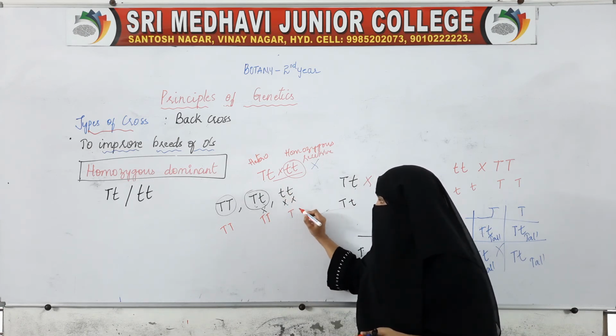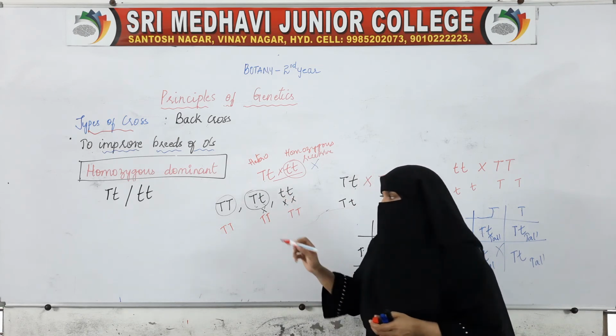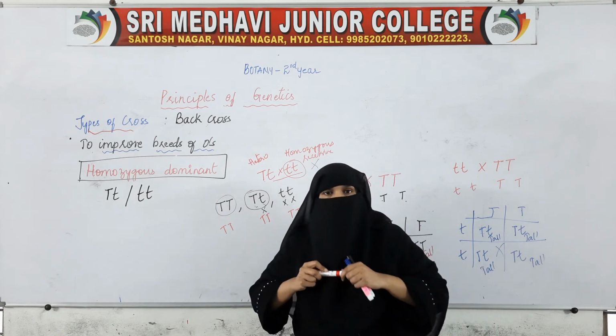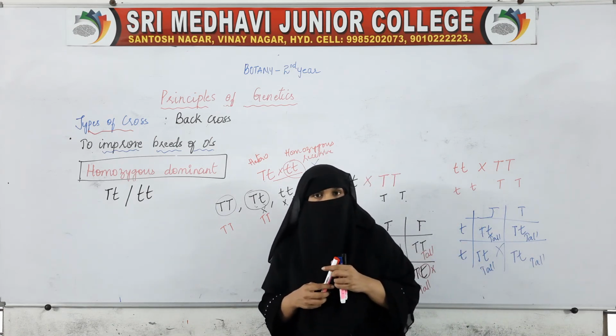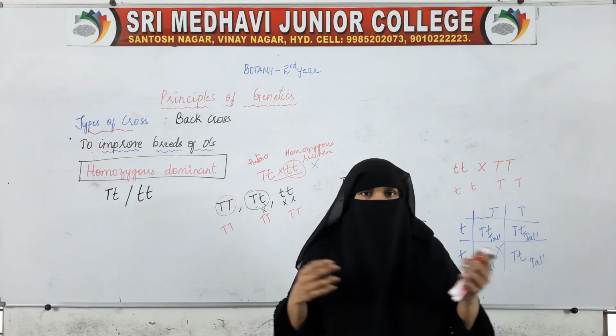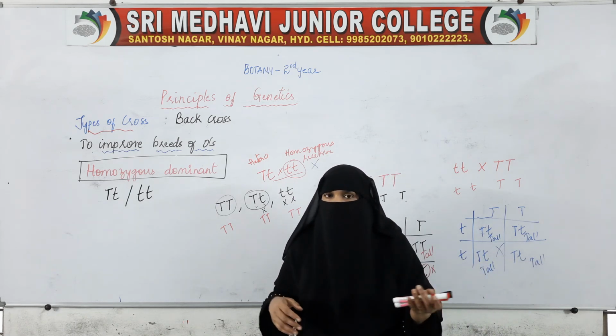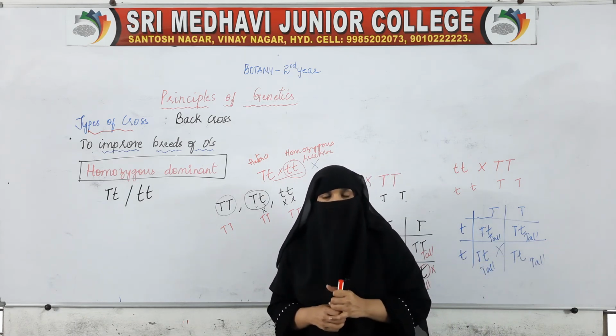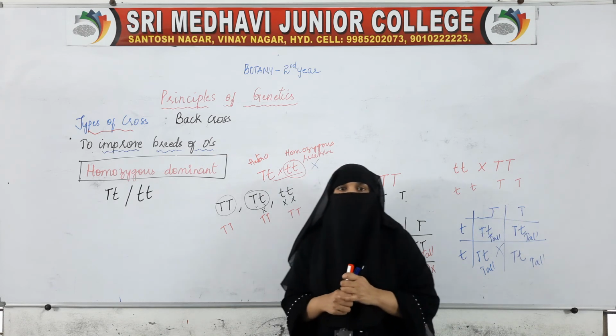Crossing this genotype with homozygous dominant, we get all dominant characters. None of the recessive characters will be expressed, and we have improved the breed because we have removed all the recessive characters. So this is how we do back cross.